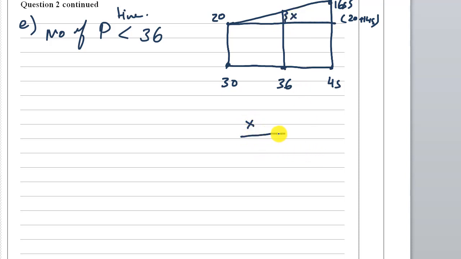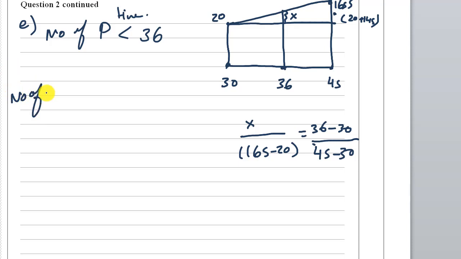So x divided by 165 minus 20 is equal to 36 minus 30 divided by 45 minus 30.